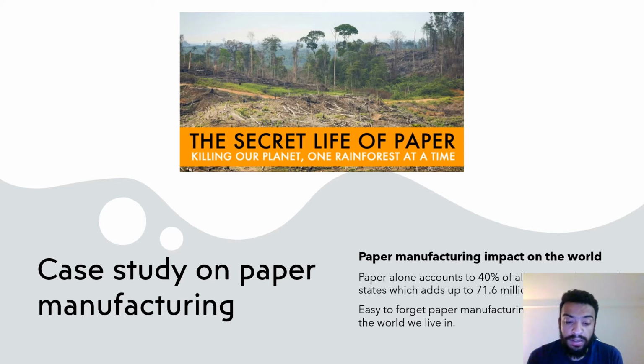Deforestation has increased at an alarming rate. Paper manufacturing has used up to 40% of the global wood. The processes of making paper release nitrogen dioxide, sulfur dioxide, and carbon dioxide into the air, contributing to pollution such as acid rain and greenhouse gases.